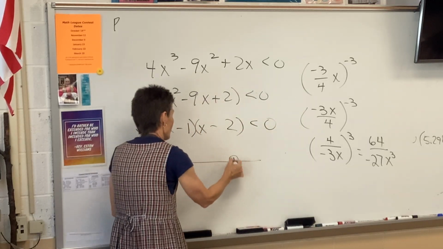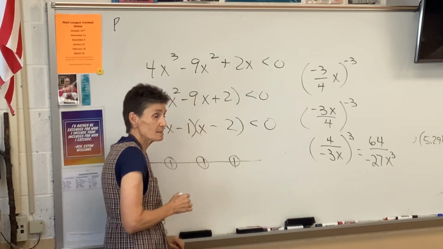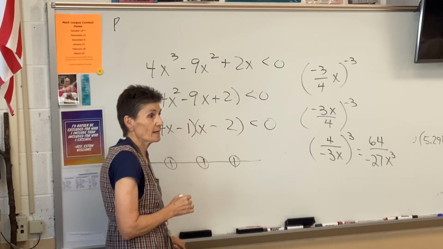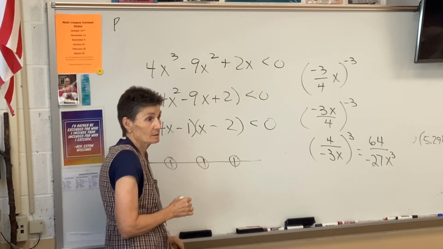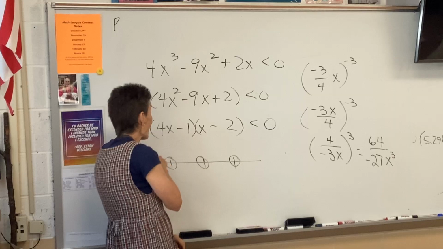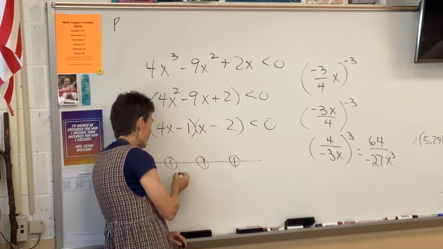And then I go to my number line. This time though, because there are 3 x's in the problem, I'm going to have 3 dots, 3 zeros. And they will be at 0, at 1/4, and at 2.